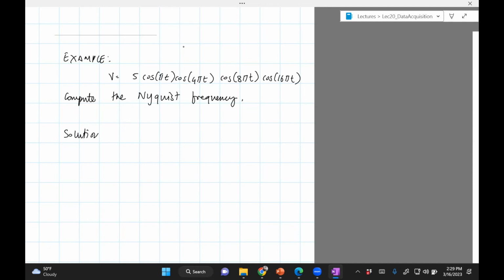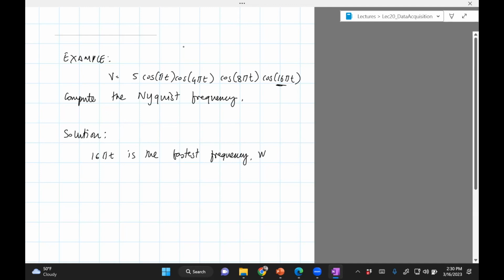So what you do in this case is your main bottleneck is the highest frequency, which is changing much faster. The frequency which is changing fastest is this one, 16 pi t. Okay, so 16 pi t is the fastest frequency.